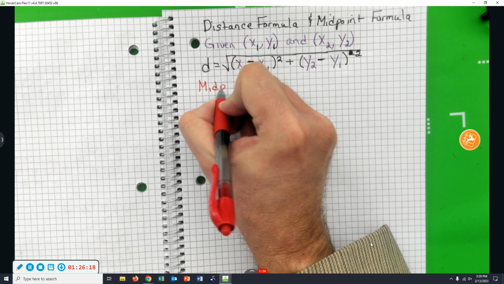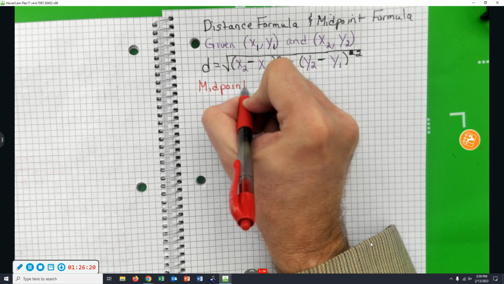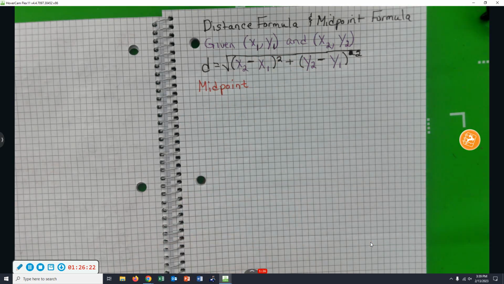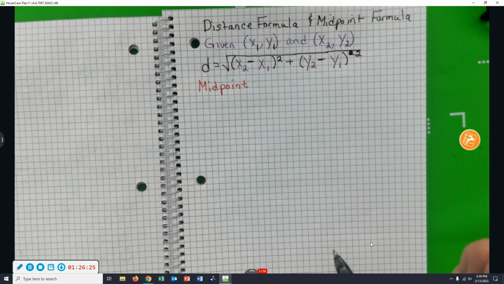The midpoint formula is an easier one, provided you know how to average. If you have two numbers and someone said average them, how would you average those two numbers? It's not a tricky question.